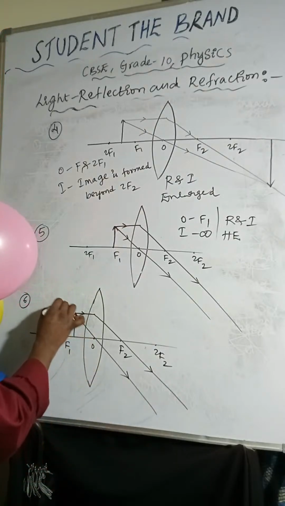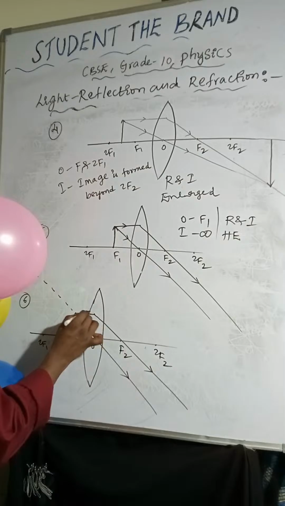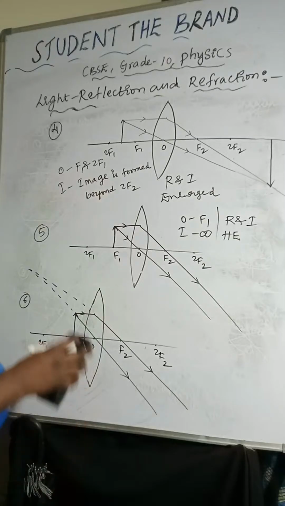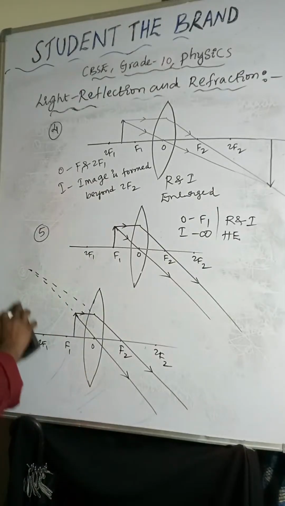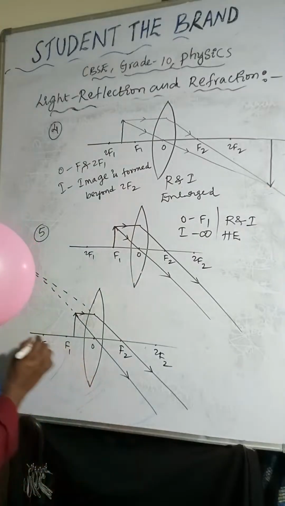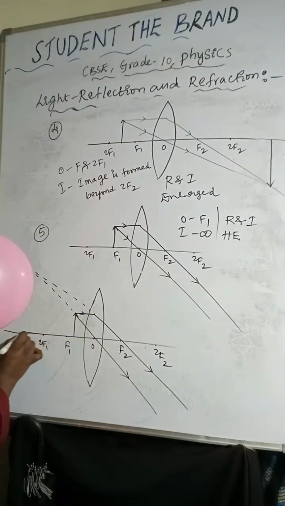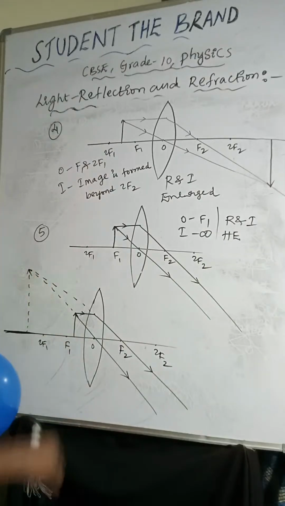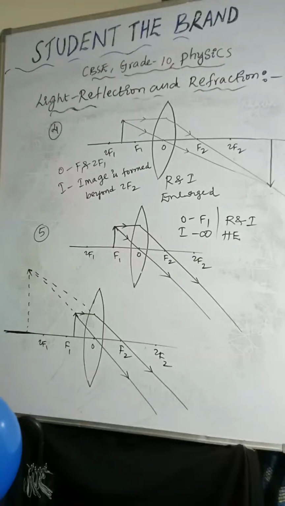So if we extend these light rays, the image will form on the same side of the object.